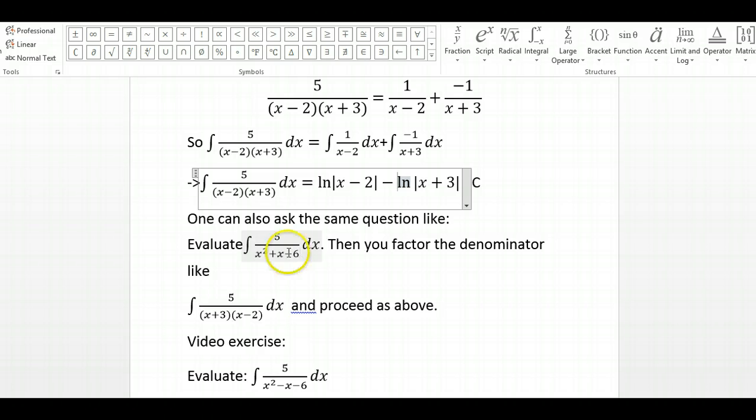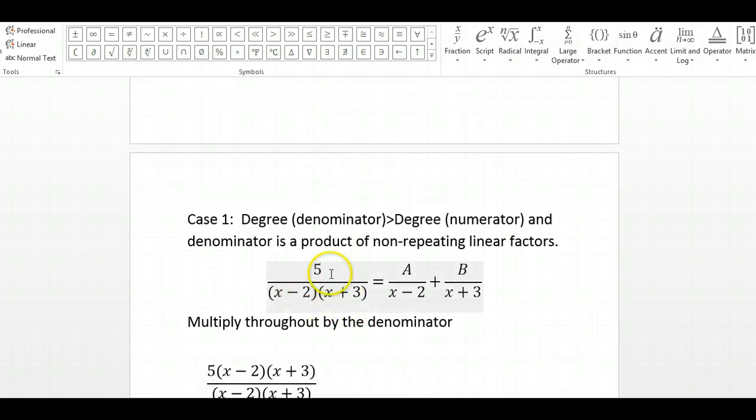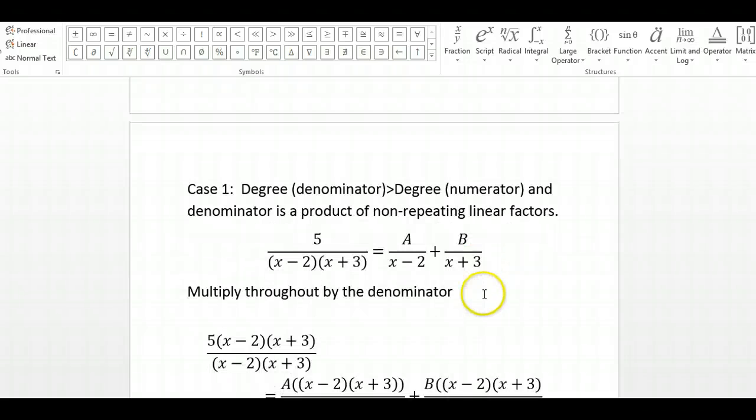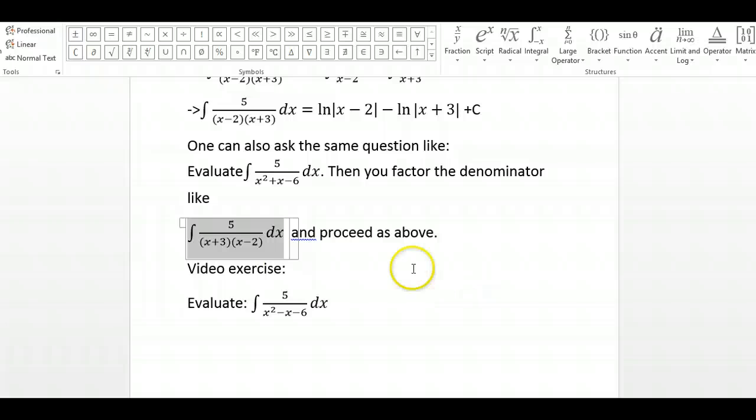So the first step would be to factor the denominator, and once we factor it like that, then we can just break it up like this, and then the entire argument that we did will follow through.